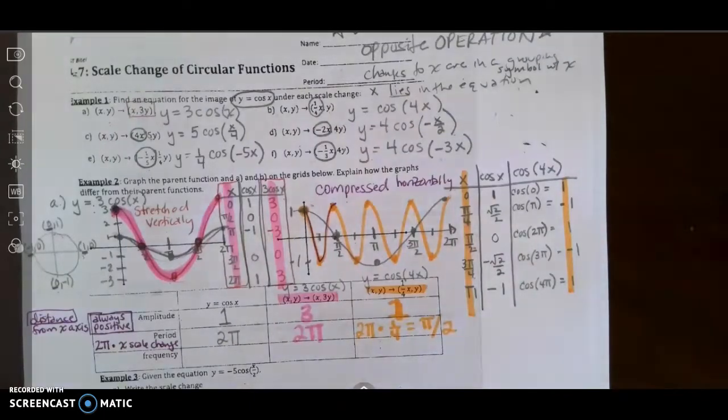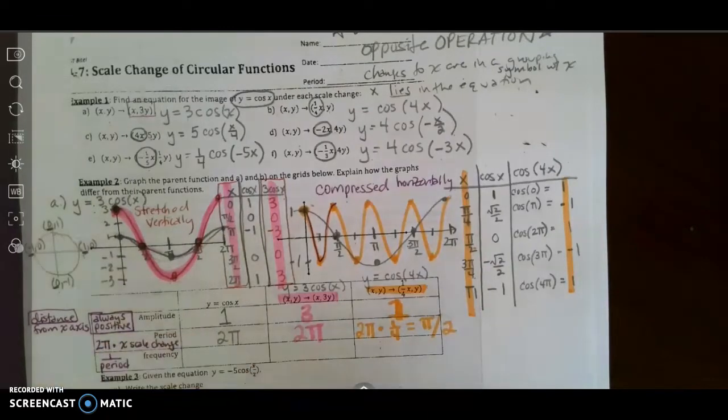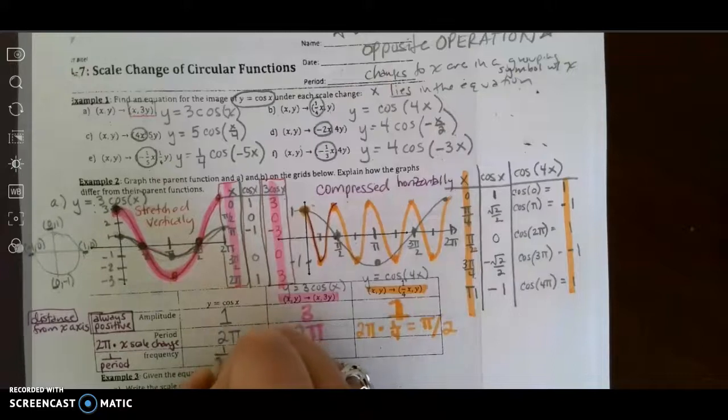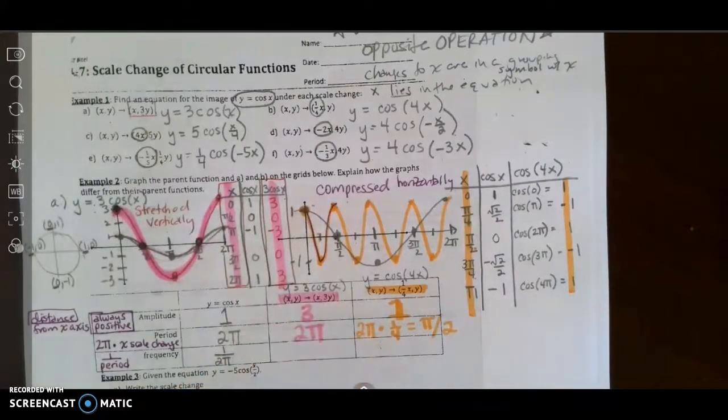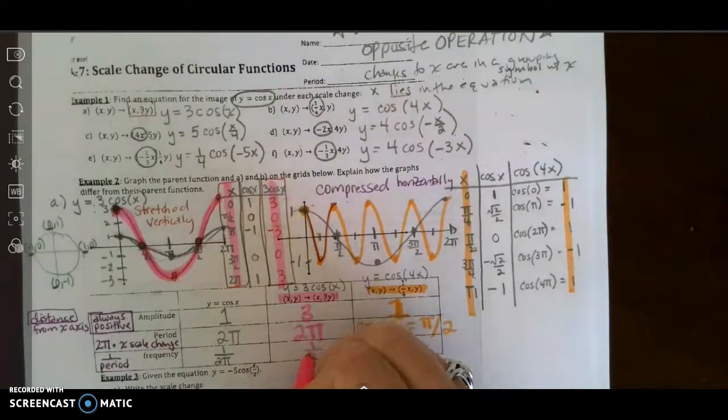All right, frequency is always 1 over the period. Therefore, the frequency for cosine is 1 over 2 pi. Notice that's not 1/2 pi. 1/2 pi would have a pi in the numerator. The pi is in the denominator. So for the pink, 1 over 2 pi, same as the original.